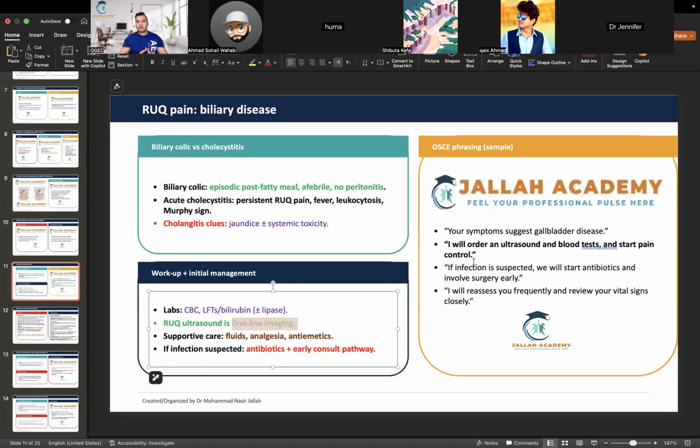It will help us differentiate. If infection is suspected, we will start antibiotics. These are the things you walk the patient through. If it is infection, we'll provide not only the painkiller but also the antibiotic. And if it is something urgent, then we do surgery. I will reassess you frequently and review your vital signs closely.